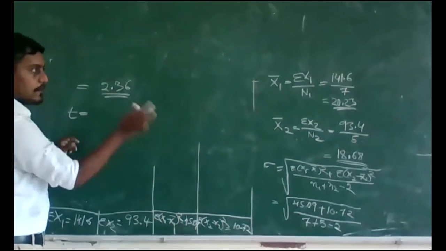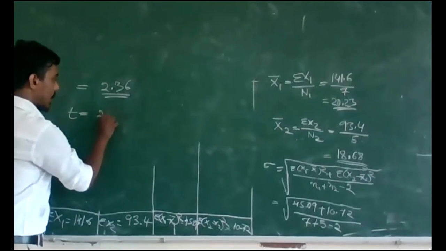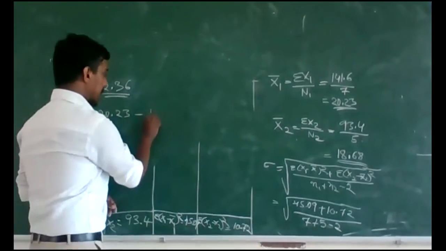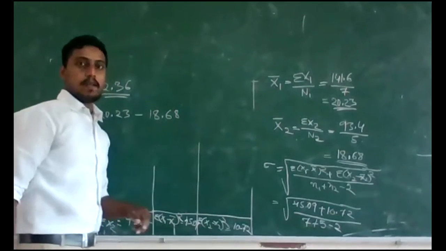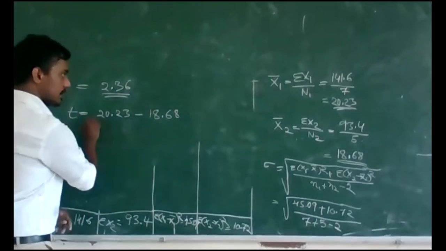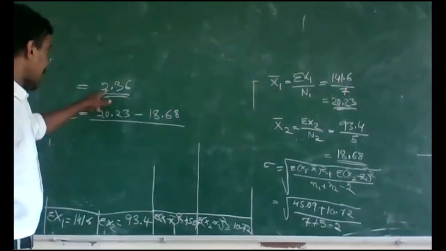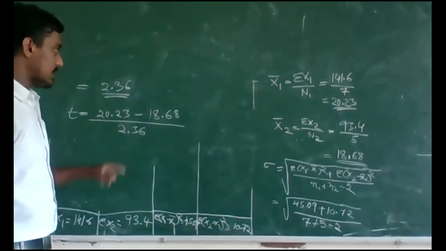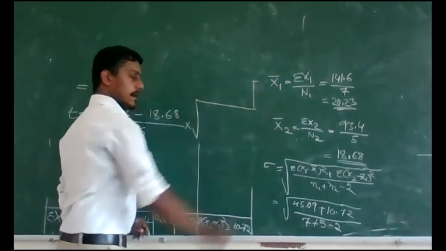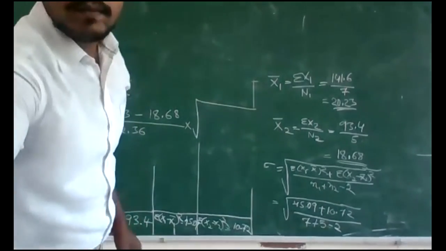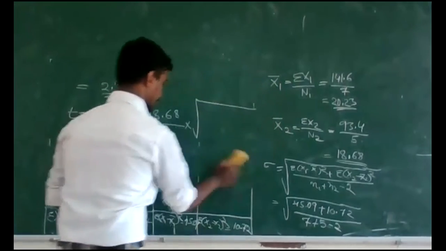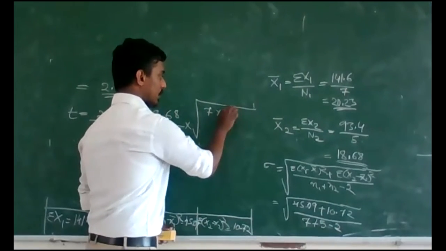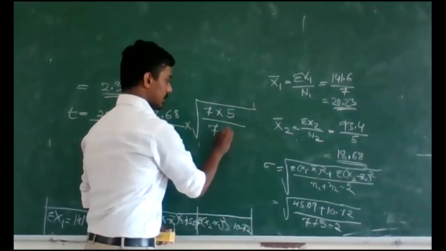So first write the difference between sample means, that is 20.23 minus 18.68, divided by standard deviation 2.36 into square root of n1 into n2 divided by n1 plus n2, that is 7 into 5 divided by 7 plus 5.